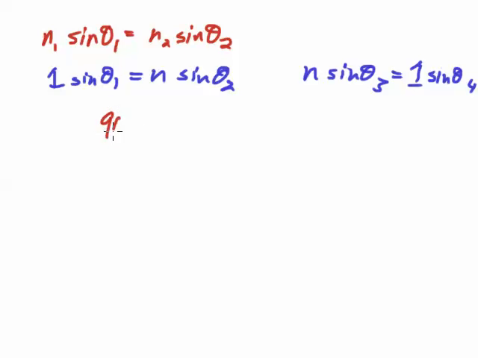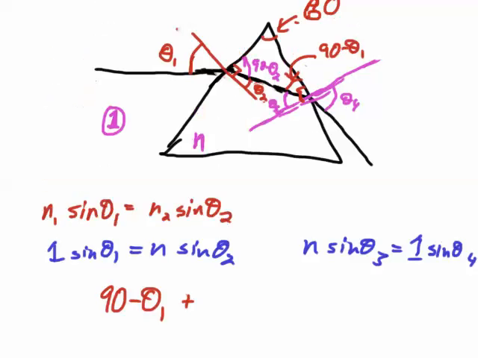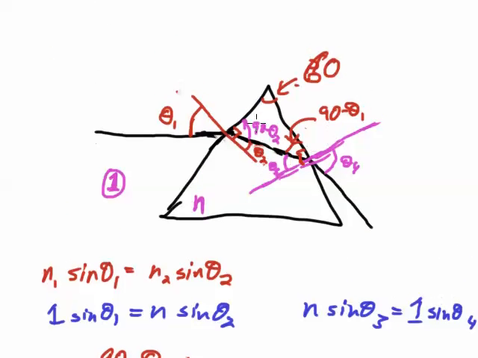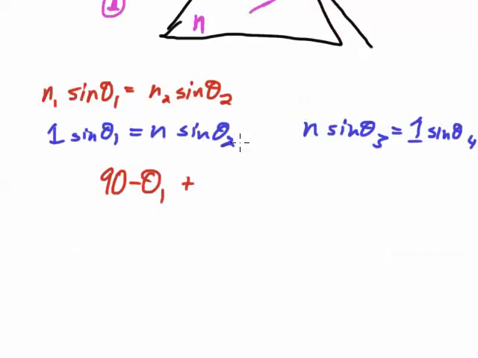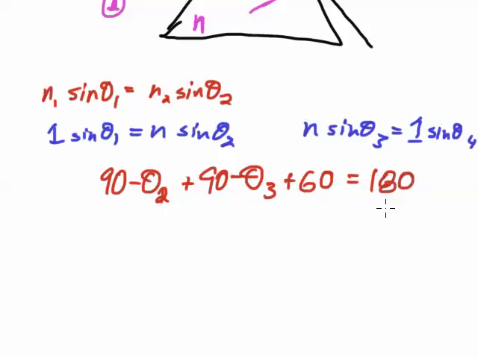So we'll have 90 minus theta 1 plus, wait, no, I mislabeled these up here. This was 90 minus theta 2, this should be 90 minus theta 3, and so we're going to add up these angles: 90 minus theta 2 plus 90 minus theta 3 plus 60 should give us 180 degrees.